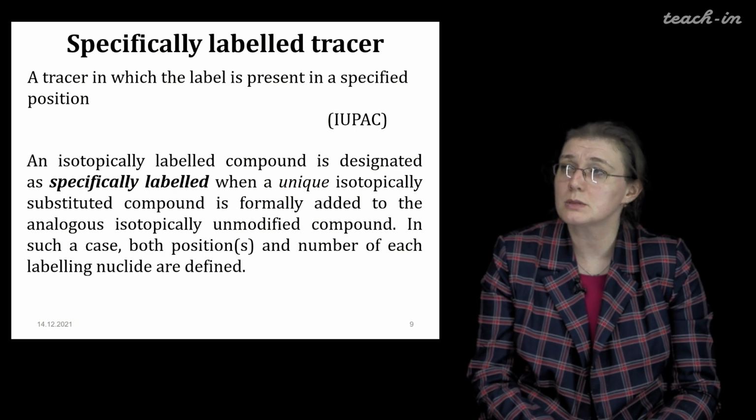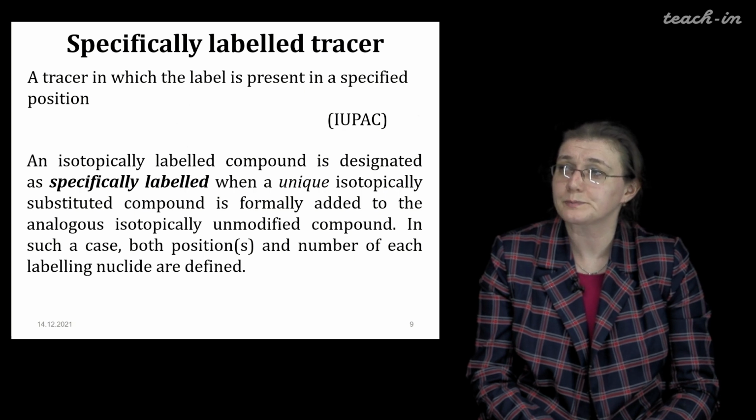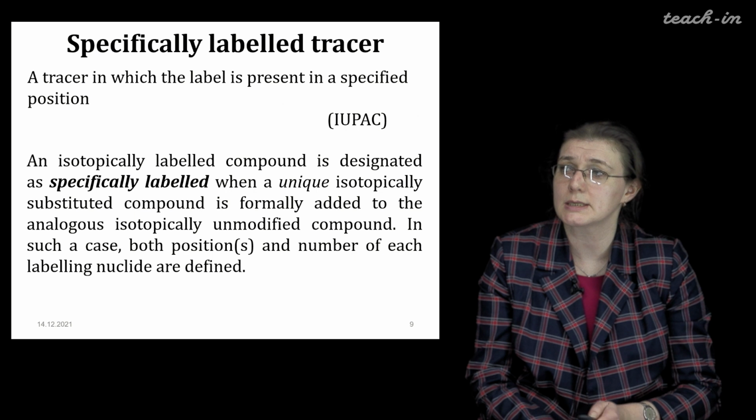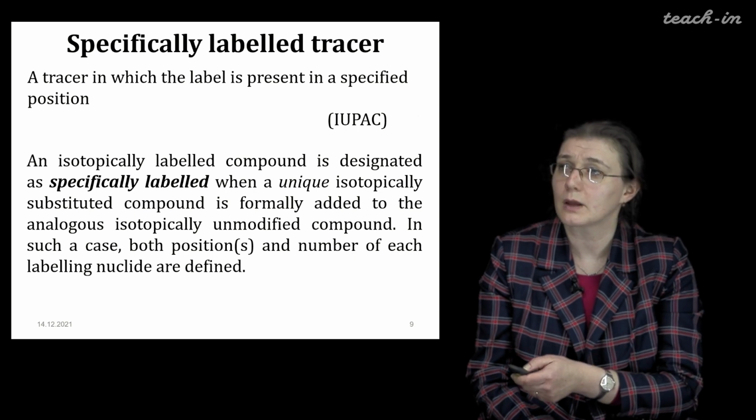In other words, an isotopically labeled compound is designated as specifically labeled when a unique isotopically substituted compound is formally added to the analogous isotopically non-labeled compound, in such case both position and number of each labeling nuclide are defined.